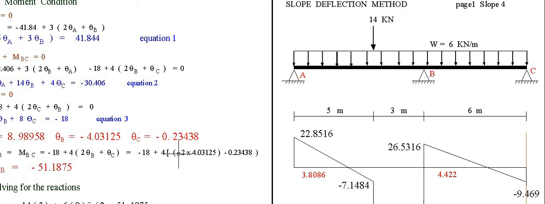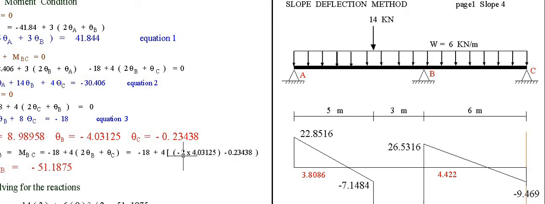Because I placed the minus here for this theta B is negative, this is negative, so I already placed the negative so that this left entity is negative, and theta C I place also the negative.